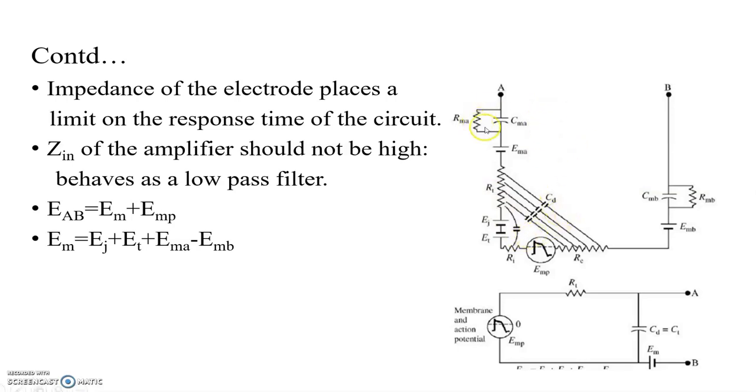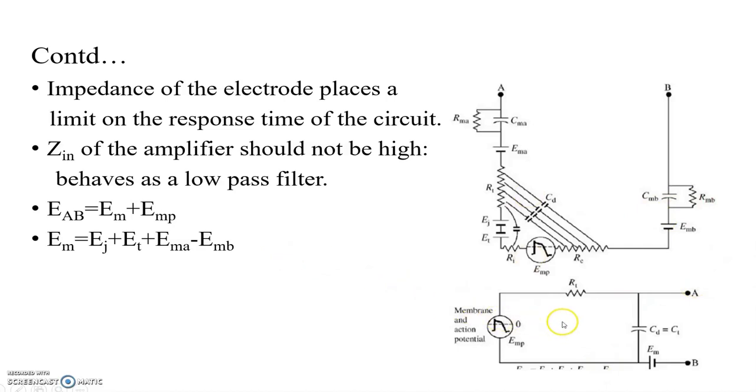RMA, CMA and EMA constitute the impedance of the micropipette, and EMB, CMB and RMB constitute the impedance of the reference electrode to extracellular fluid interface.